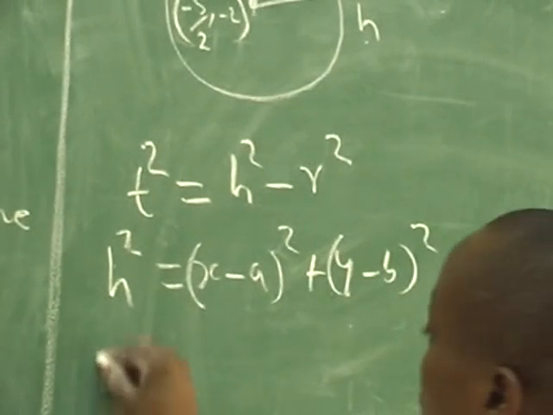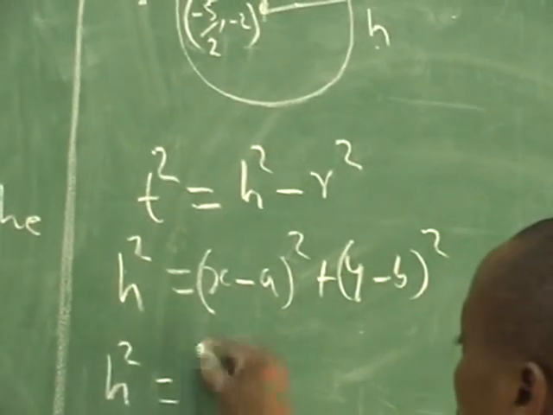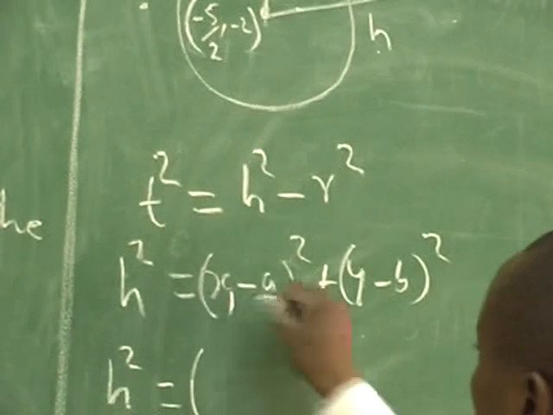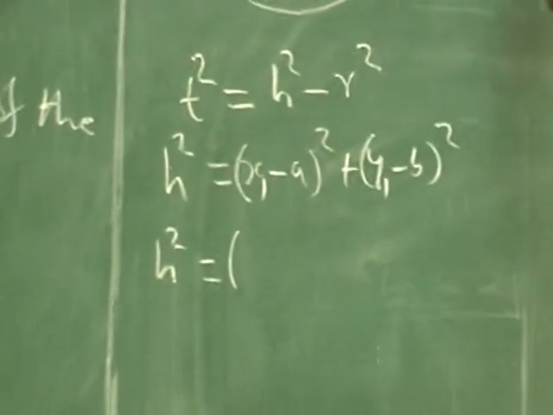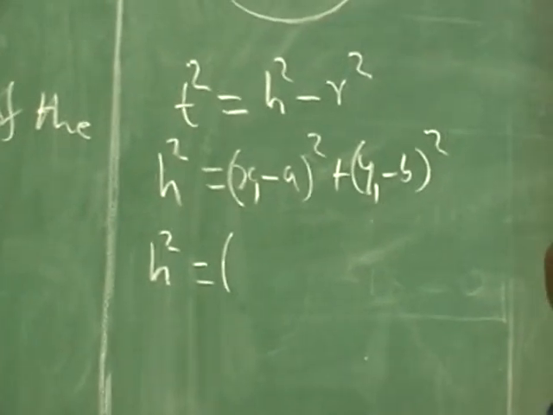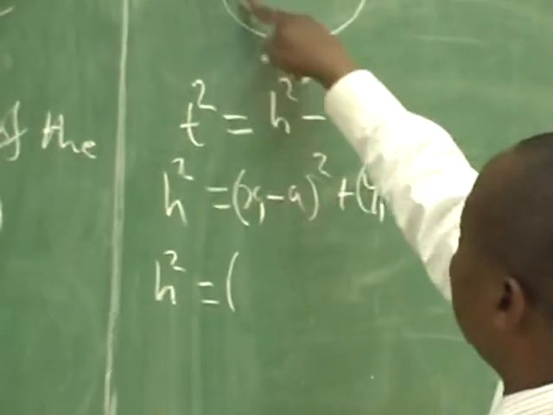h squared will give us this is x1, sorry, y1. So x1, y1, this one is x1. Then a is this one.